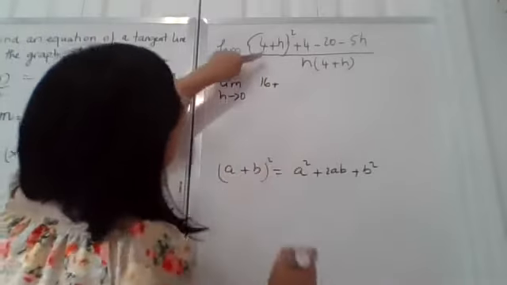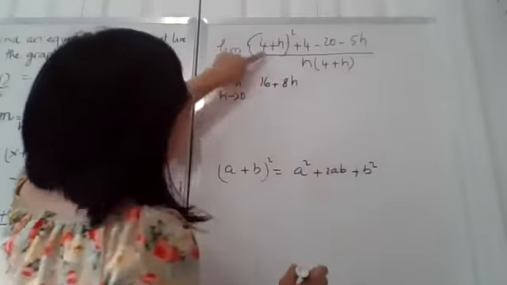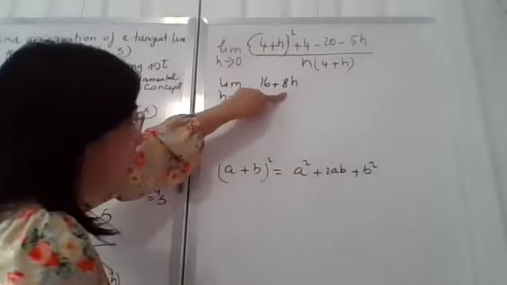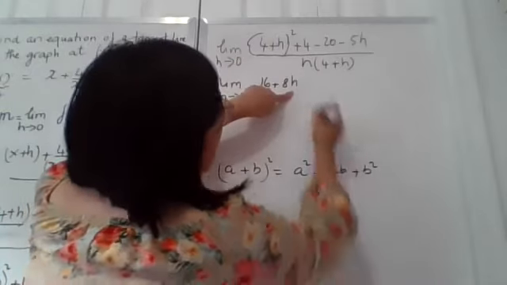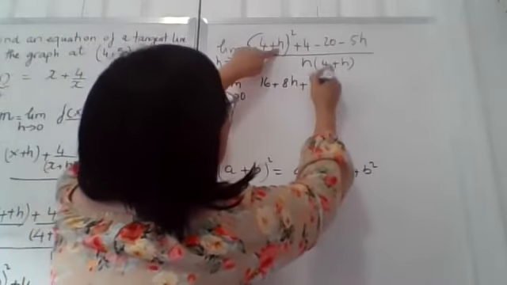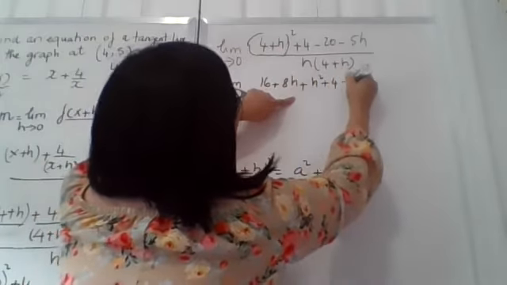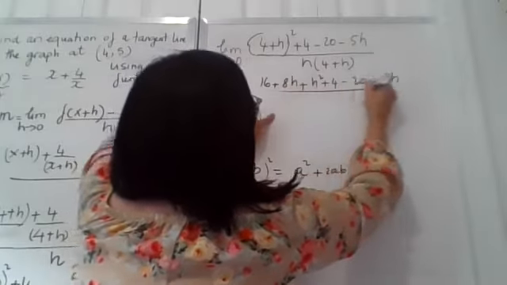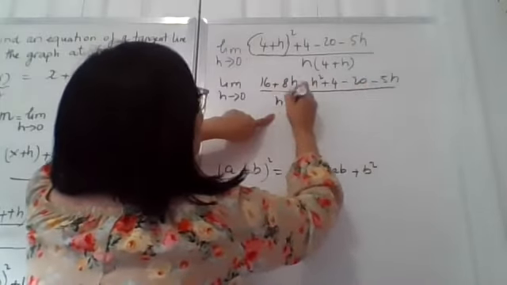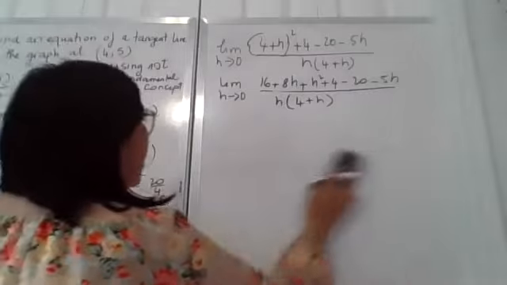Plus 2 times a times b, 2 times 4 is 8, right? Your b is h, so 8h plus b squared, which is h squared, plus 4 minus 20 minus 5 times h, all of this over h times (4 plus h). Okay, so that's how we go so far.